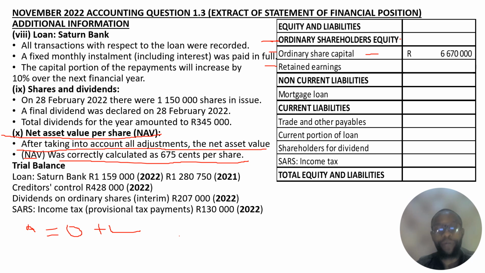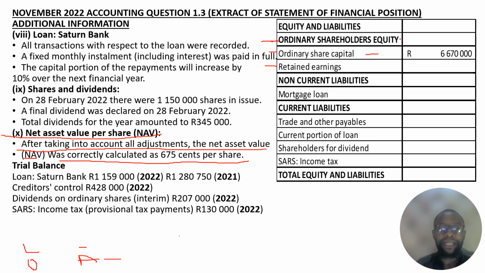So liabilities are equal to assets less owner's equity, as well as owner's equity is equal to assets less liabilities. Those are the accounting basics you need to know, and they are going to assist you here to calculate this information.